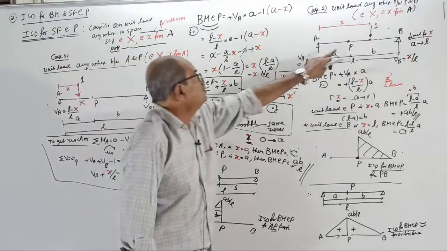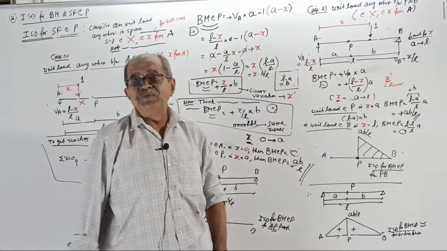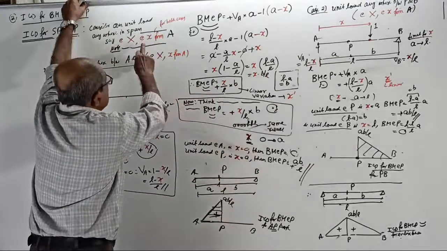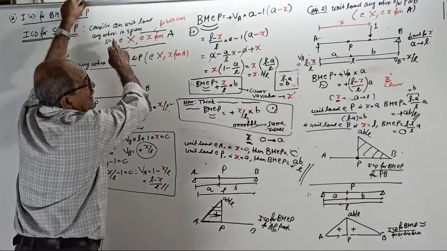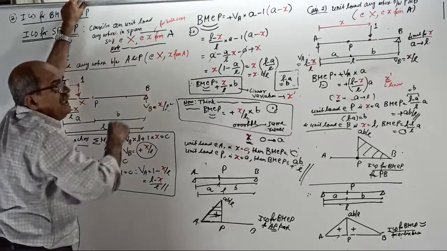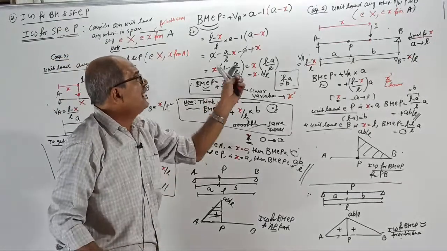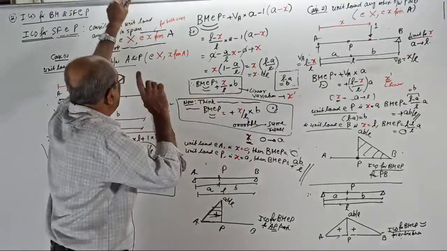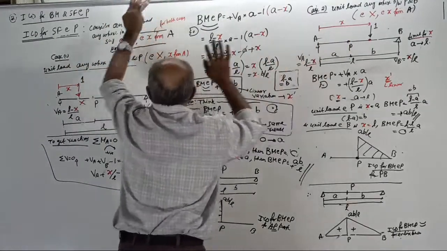In between Maddur, coffee stop is there, coffee break is there. So, you have to once place the load after A, between A and P, then again place the load after P but before B, but both the places take X from A only.